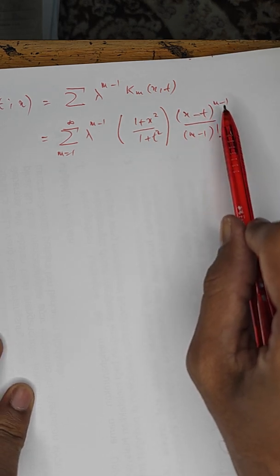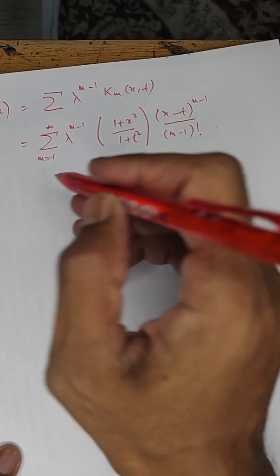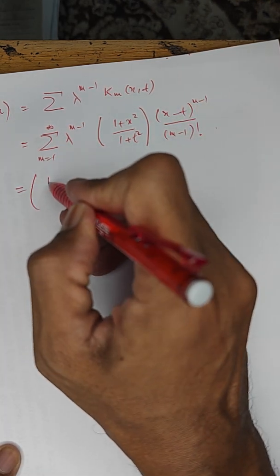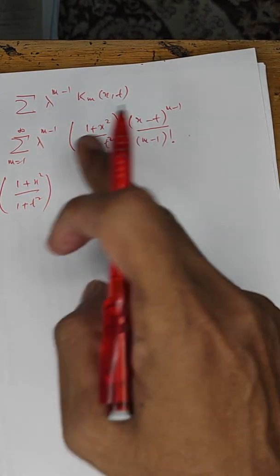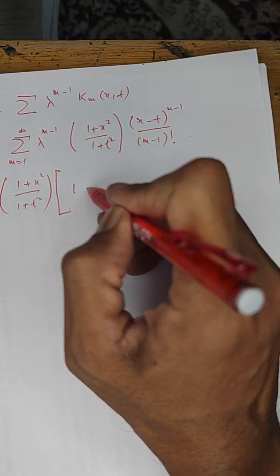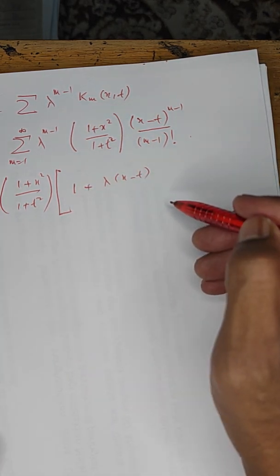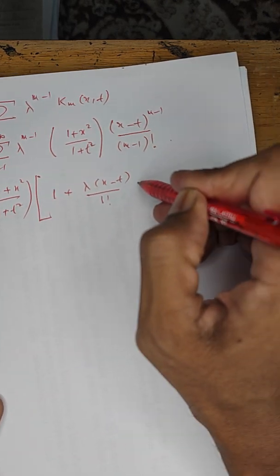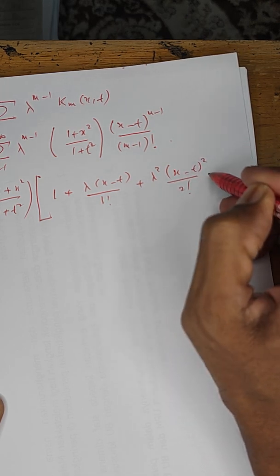So from there you have (1 + x²)/(1 + t²), and then the rest: for m equal to 1, you have 1 plus λ(x − t)/1 factorial plus λ²(x − t)²/2 factorial, and so on.